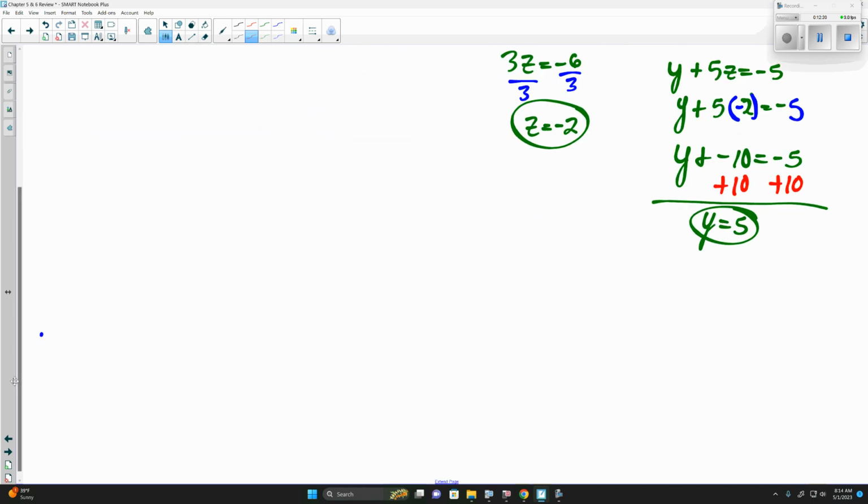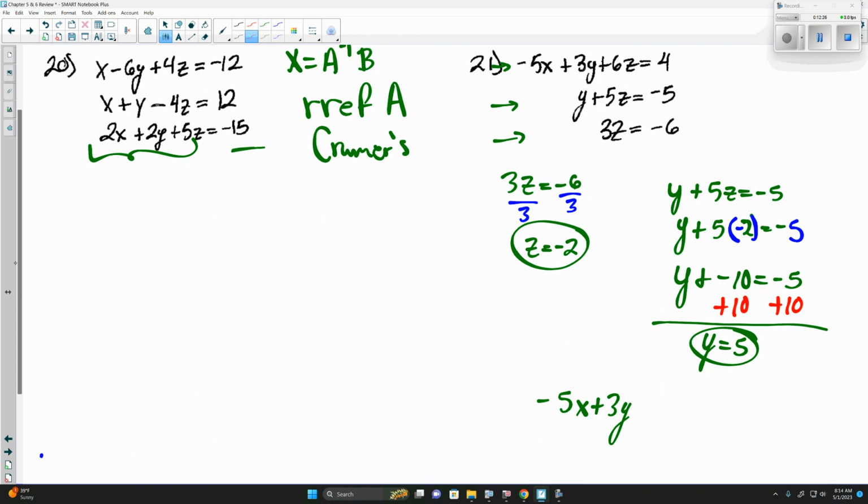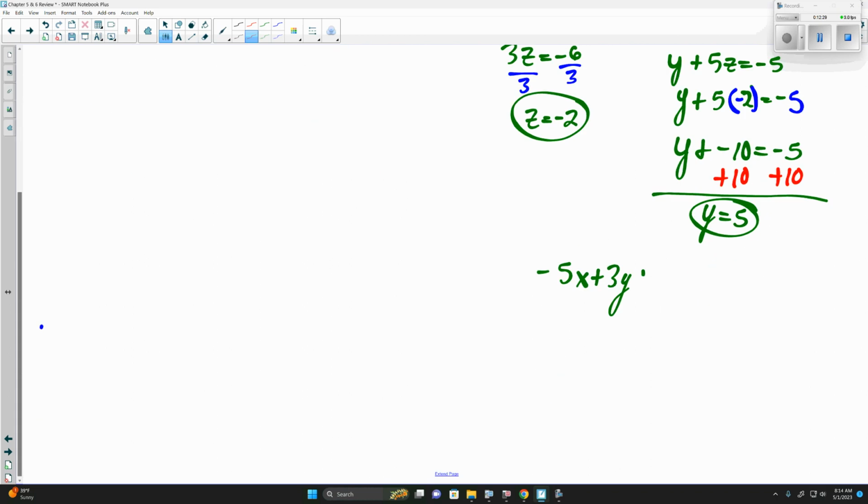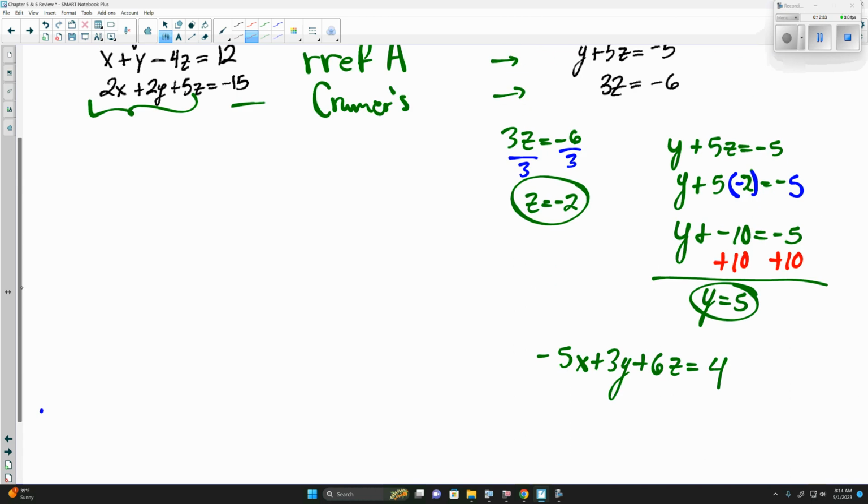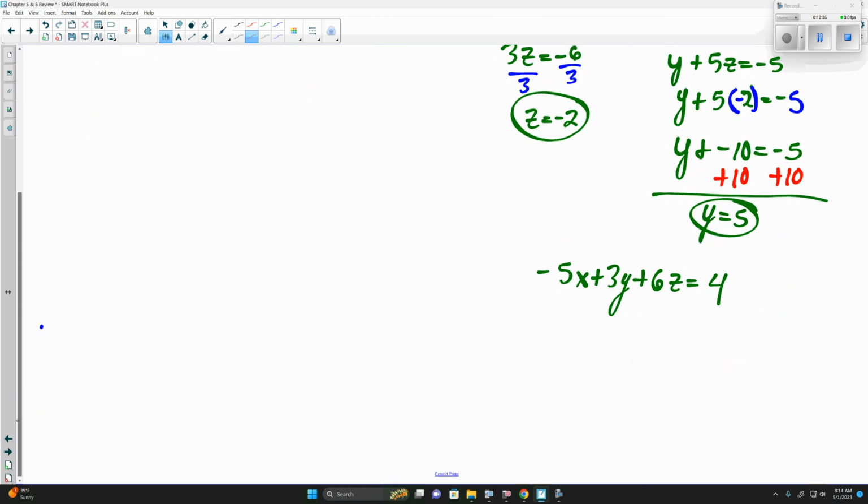-5x plus 3y plus 6z is equal to 4. Well, at this point, we don't know what x is, so we still have -5x plus 3, well, y is 5, plus 6 times z, z is -2, is equal to 4.